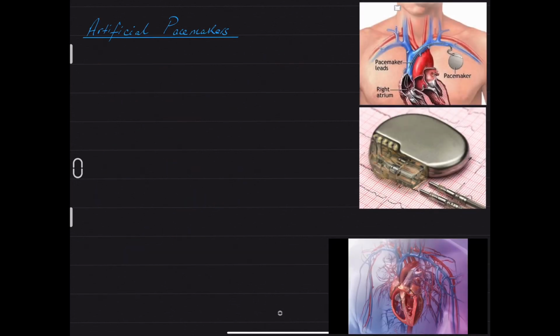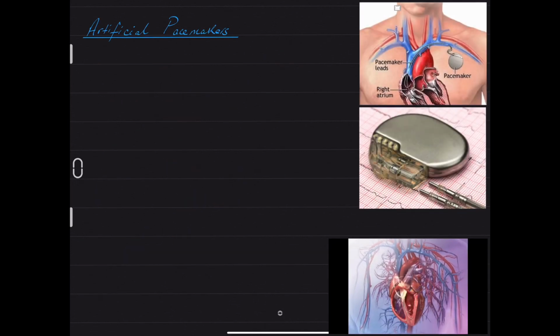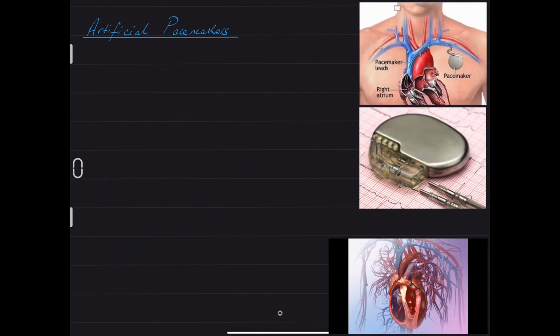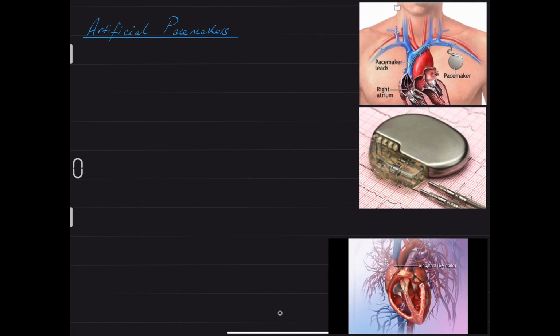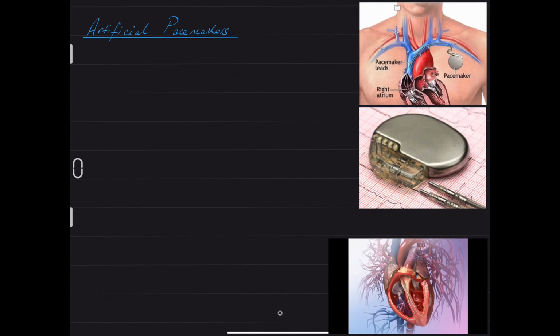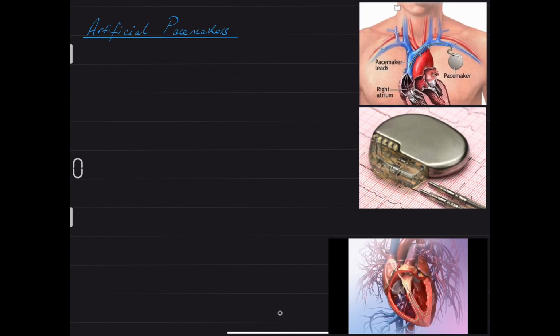To correct the problems arising from a faulty natural pacemaker, we can use an electrical device known as an artificial pacemaker.